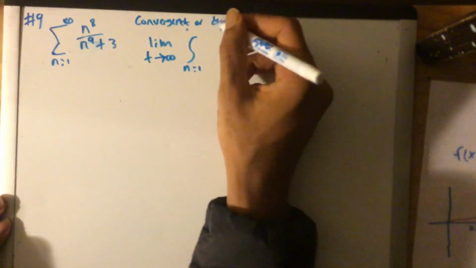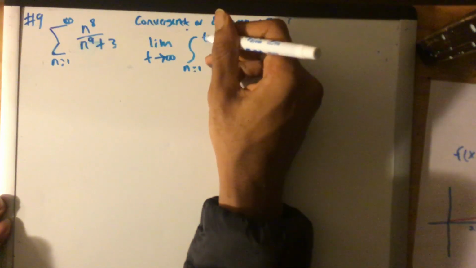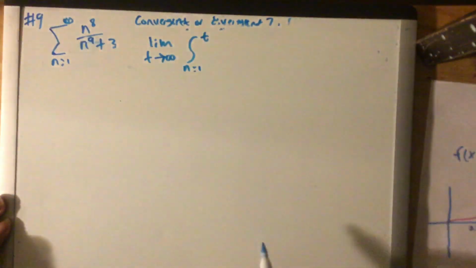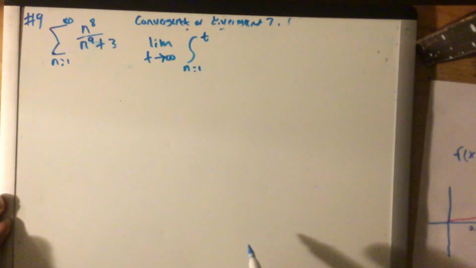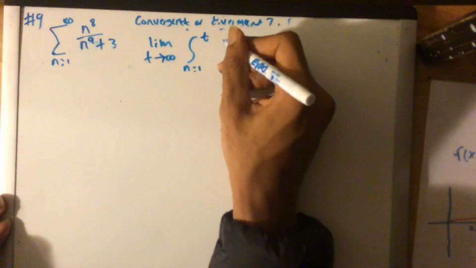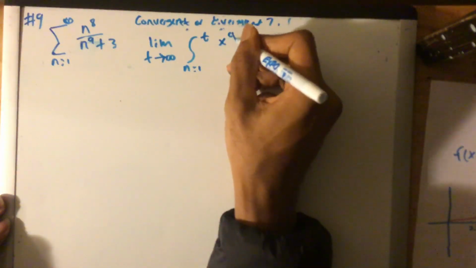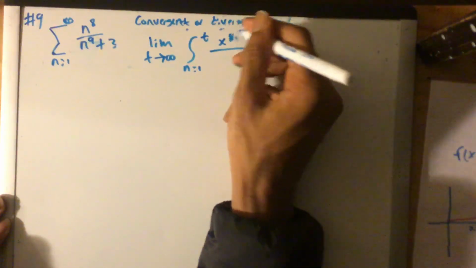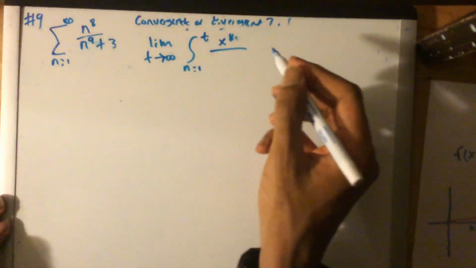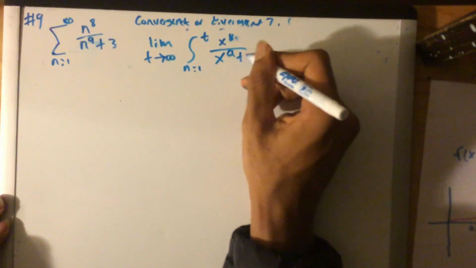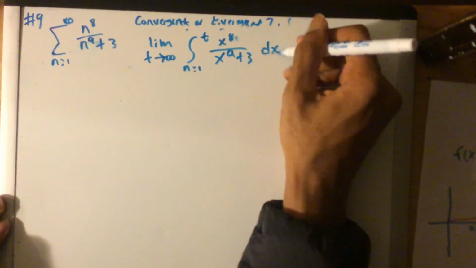We replace the infinity with t over here, because remember, as Professor Seedy would say, replace the bad part with t. Let's write it in terms of x as x to the power of 8 over x to the power of 9 plus 3. Don't forget the dx.